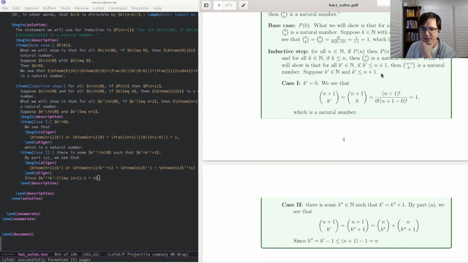There's something I'm a bit concerned about, because I'm not sure why we're going to be able to apply this one. Maybe I set up the wrong induction.